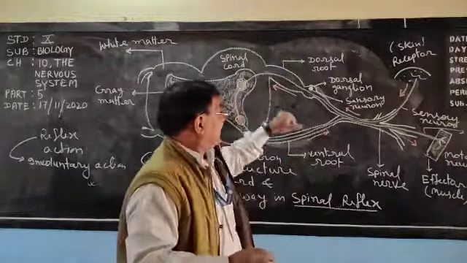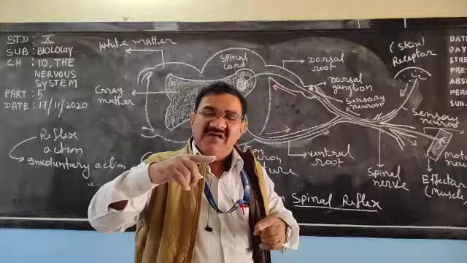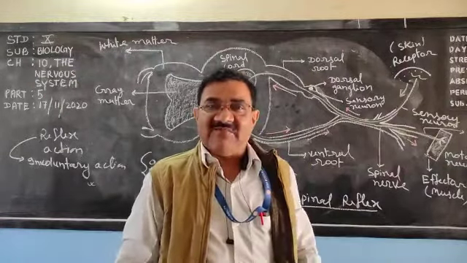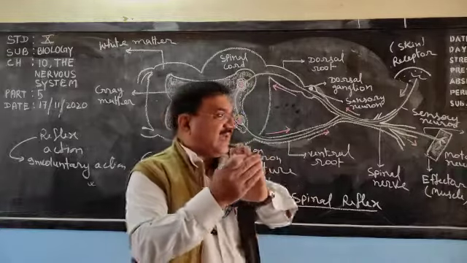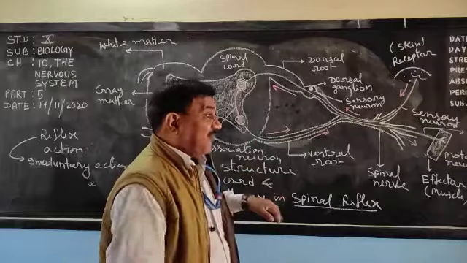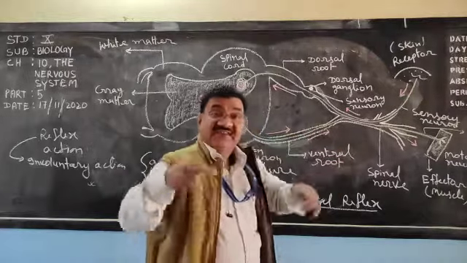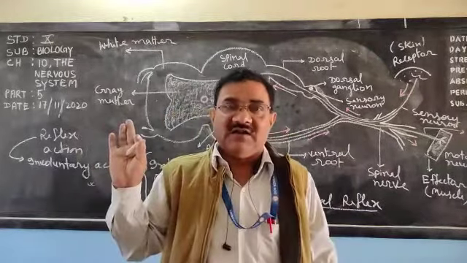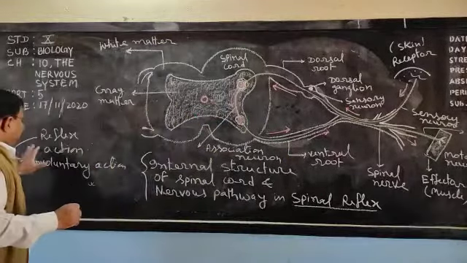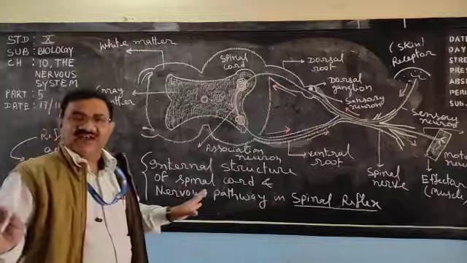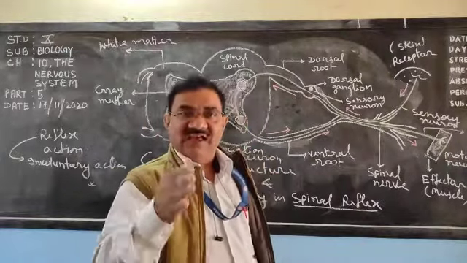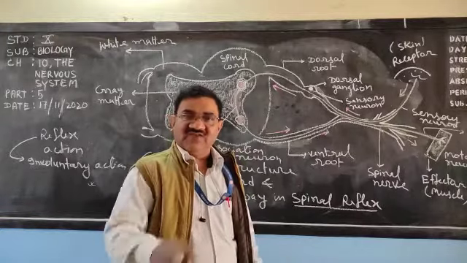No, it will not, because reaching the brain and coming back from the brain will take time, and during that time I will be burned. So that action is carried out by the spinal cord only, and that action is called a reflex action. A sudden involuntary action is called a reflex action.